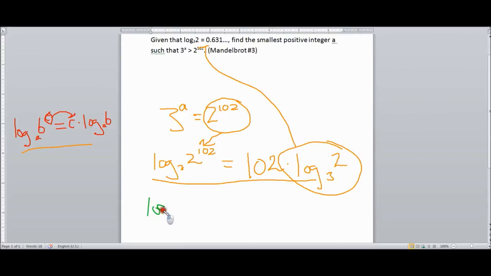Log 3^a is equal to 102 times 0.631... Now this is really big because now we have this 102, which we can isolate.